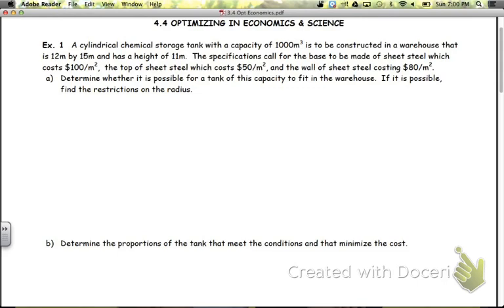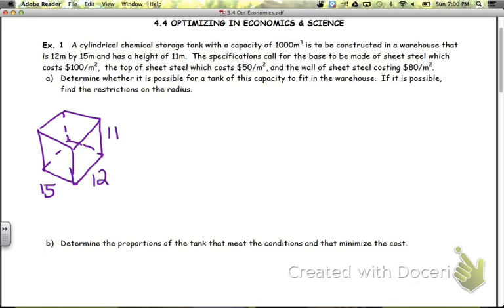So we know the dimensions of the warehouse, so we can just draw our warehouse here in purple. And I am no artist, but I try. So there's our warehouse, and we know our warehouse is 15 by 12 by 11, all in meters.